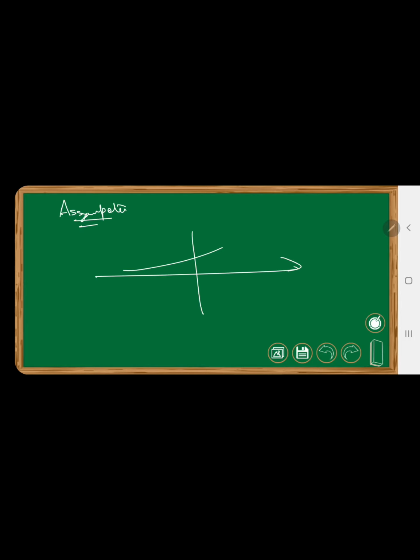Say this is the given curve, kind of an exponential curve. If you draw a tangent like this, which seems to meet at infinity, then such a tangent is called an asymptote to that particular curve.